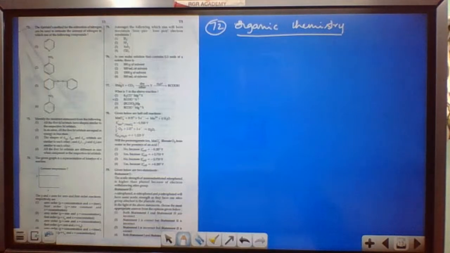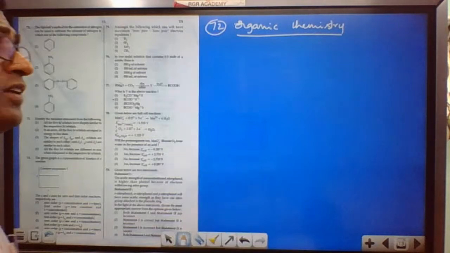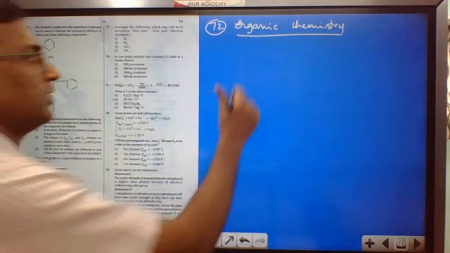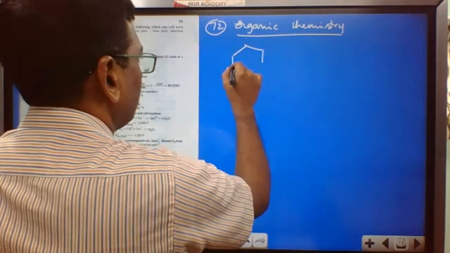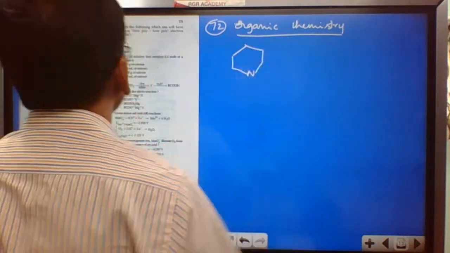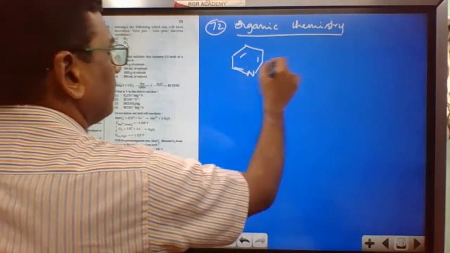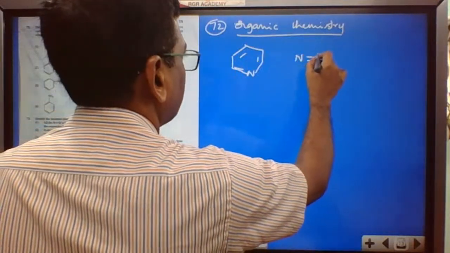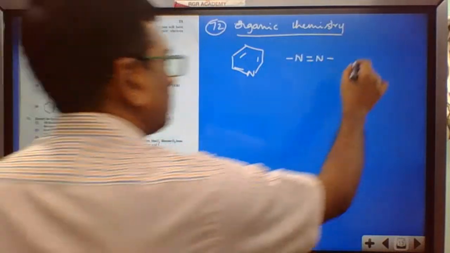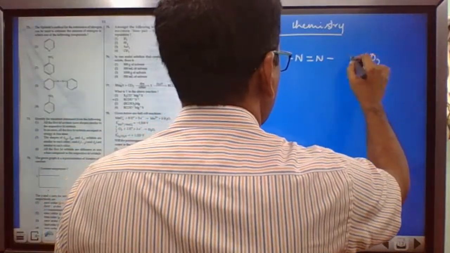In Kjeldahl's process, nitrogen cannot be estimated when nitrogen is present in the ring or involved in the N double bond N, that is azo, or present in NO2.